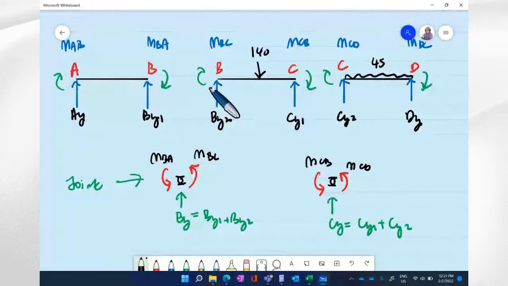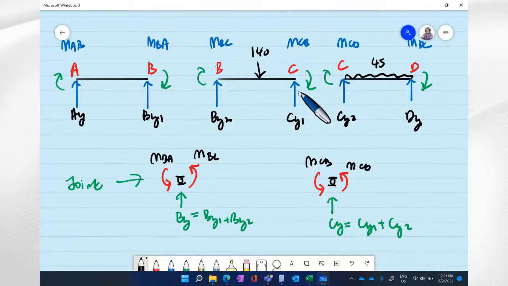Anyway, this member end moment will depend on the fixed end moment that we get from the external loading and the support settlement. So this is actually the idea about the member end moment for the moment distribution method.